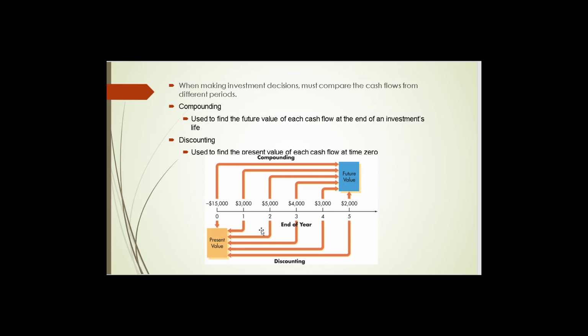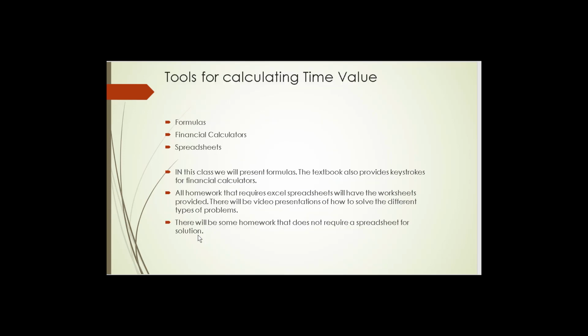The present value says we think we're going to get these cash flows in the future, and we would like to see what they are worth in today's money. So we're either moving dollars forward to see what they would buy in future dollars, or we're bringing them back to see what they would buy in present dollars.